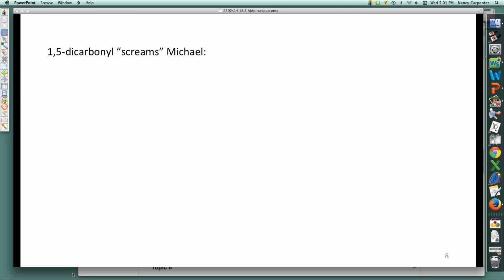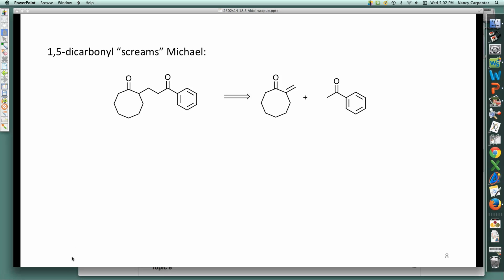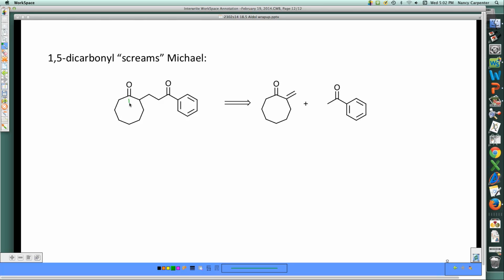There's another screaming bell and whistle in this chapter, and that's the Michael. So when I see this target and I recognize that this is a 1, 2, 3, 4, 5 dicarbonyl, I know I can make that in a heartbeat from a Michael reaction.